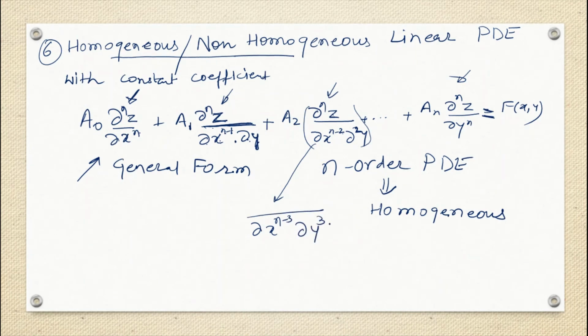So this will be n minus 3 plus 3, it will be n only, and this is your del n z. So in any term you will find that the total order of the partial derivative will be the same. If it is n, it can be 2, 3, 4. If it is 2, then in each and every term it will be 2 only, and so on. So if this property is satisfied, we call it a homogeneous linear partial differential equation with constant coefficients, okay.